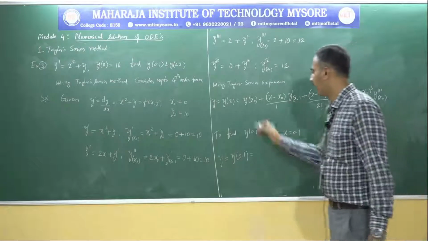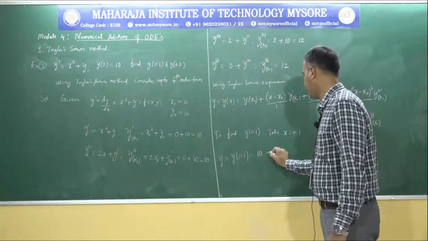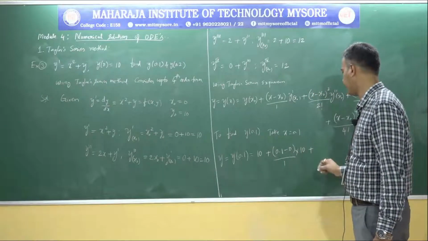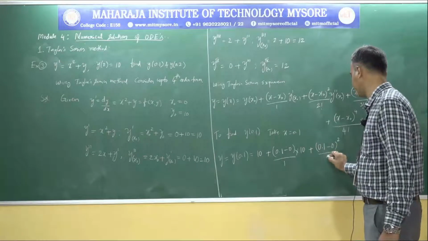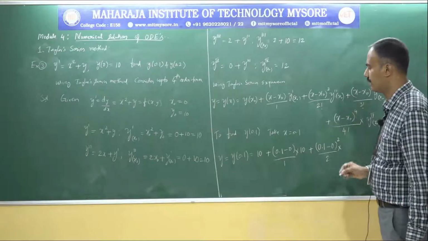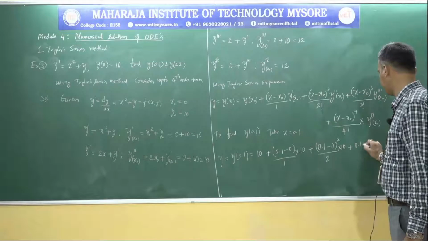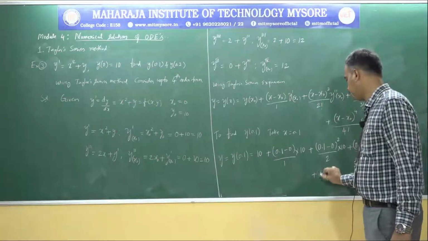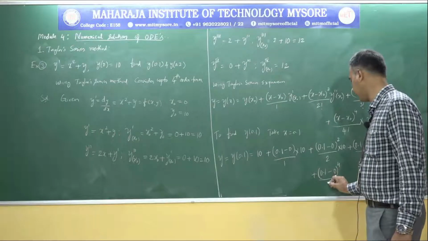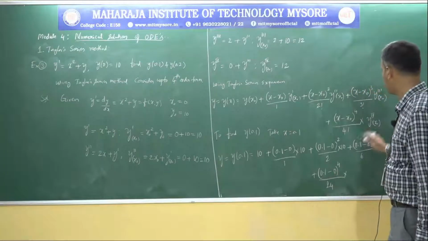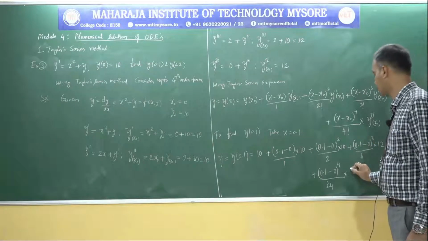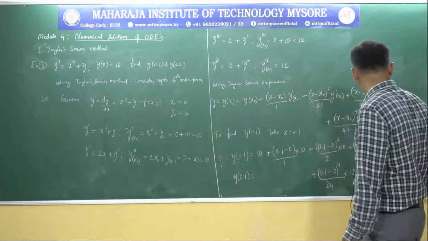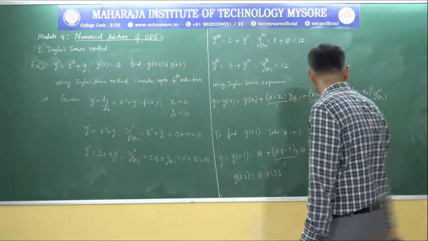In place of x, replace 0.1. y of x naught is y naught, 10, plus 0.1 minus 0, denominator 1, into y dash value 10, plus 0.1 minus 0 whole square, denominator 2 factorial 2, y double dash 10, plus 0.1 minus 0 whole cube, denominator 3 factorial 6, y triple dash 12, plus 0.1 minus 0 whole power 4, denominator 4 factorial 24, into y fourth 12. Using a calculator, we simplify y of 0.1 and the answer is 11.0523.